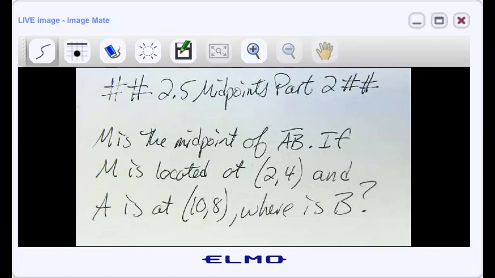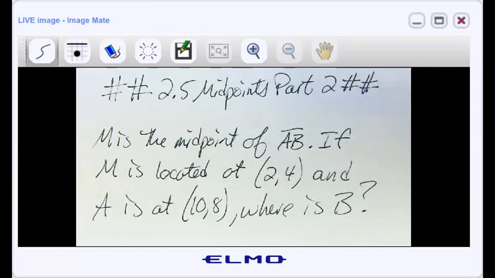If you think you have an answer, send it to me in the chat, or if you're in class, just say it out loud and I'll let you know if you're correct or not. I'll give you a hint, I guess.